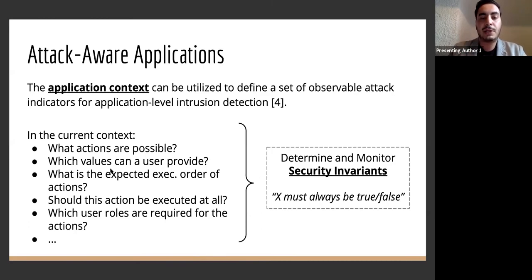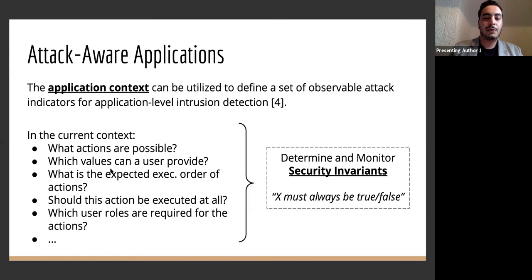surrounding application context determines a lot of what a benign user is allowed to do. So as I said, I focus more on web applications. If we take that as an example, you have validations that are on the client side and also on the backend or the server side. And you, for example, know that a certain client-side validation prevents a user from submitting any invalid values.